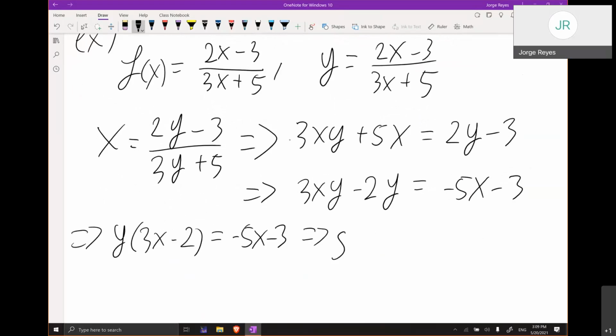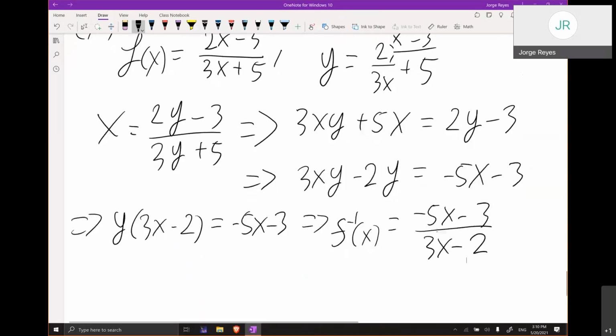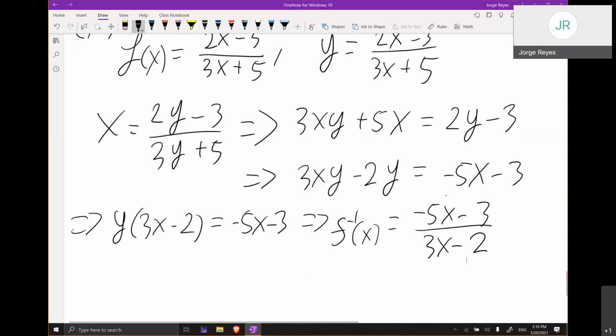And then you get the answer, which is negative 5x minus 3, all over 3x minus 2. Okay. Which, yeah, it's different. It's not literally the same. It looks a little similar, but it's different. Okay, so this is the inverse. Ta-da!